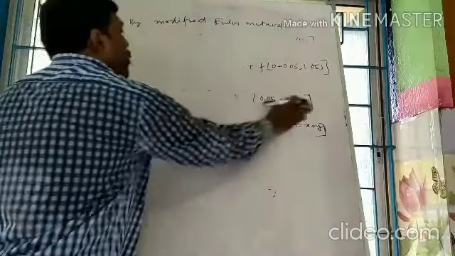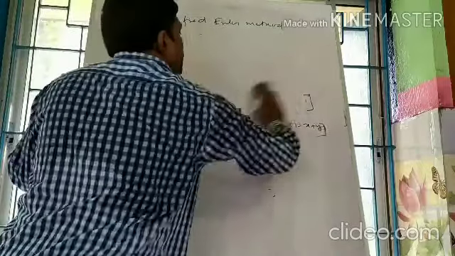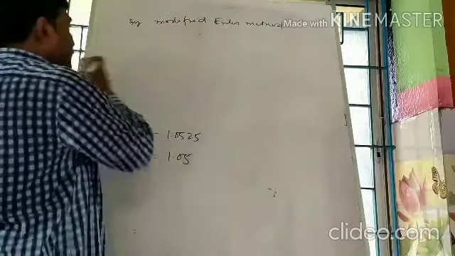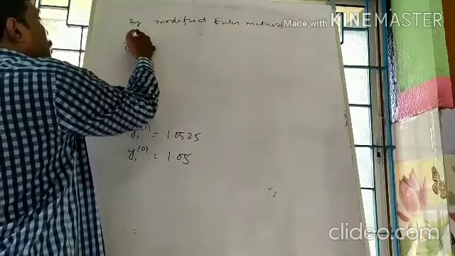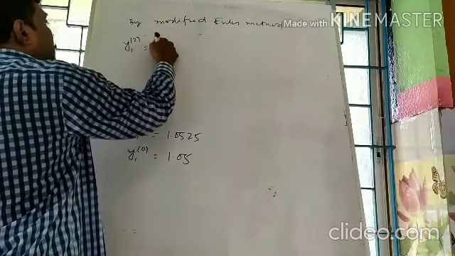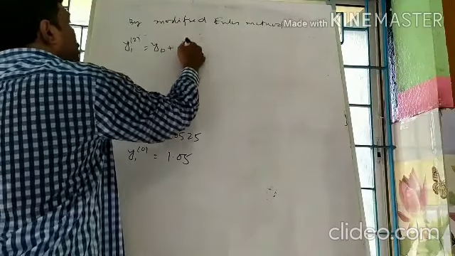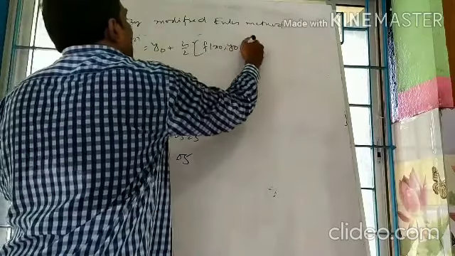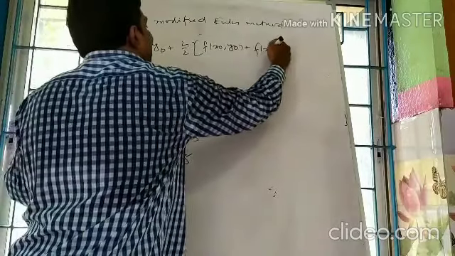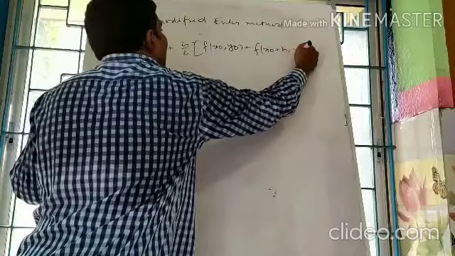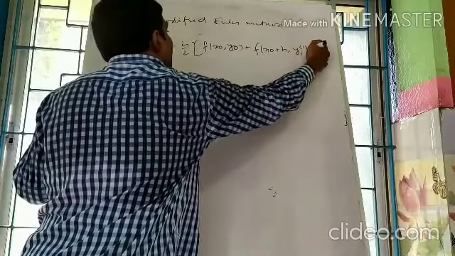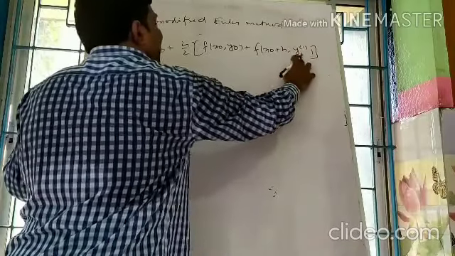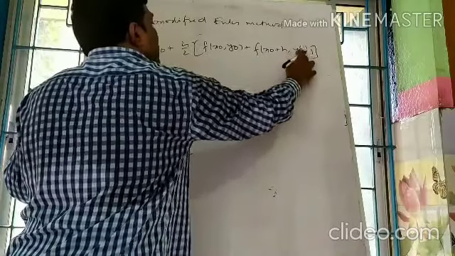So y12, the second approximation of y1, is y0 plus h by 2 times f of x0, y0 plus f of x0 plus h, y11. In the last step it was y10, now it is y11.